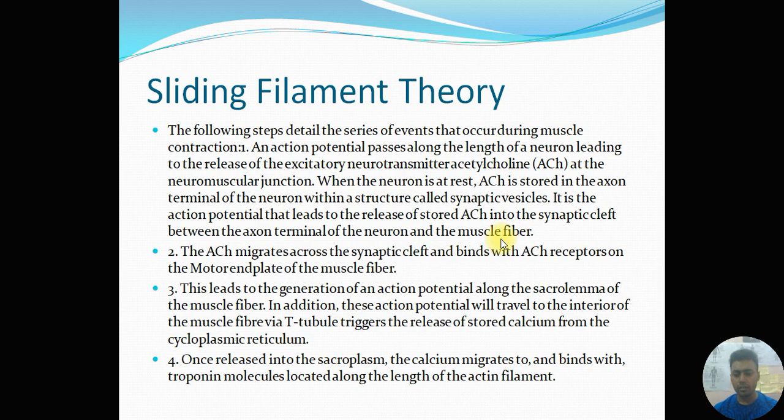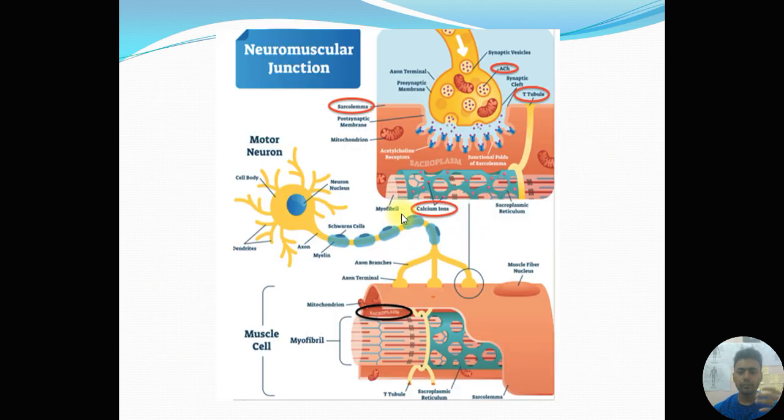So what does it mean? Down here, this area is the neuromuscular junction. This area is called the synaptic vesicles, and these synaptic vesicles contain ACH. You can see this dot dot dot, this is ACH, and this fold is called the synaptic vesicle.